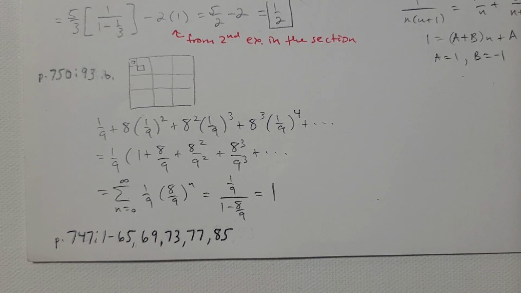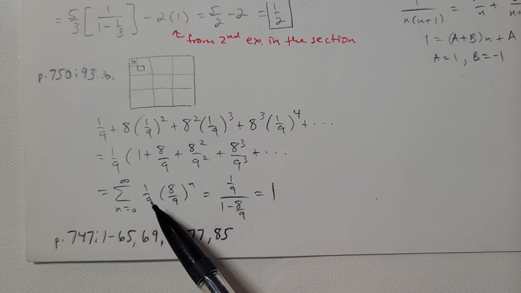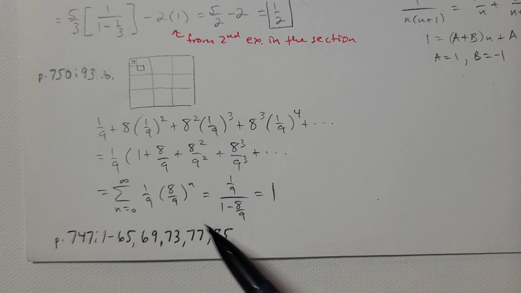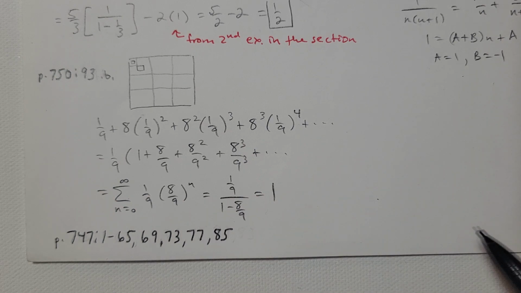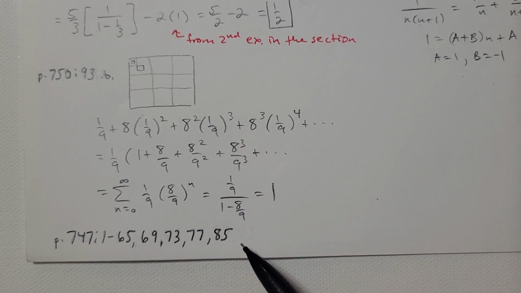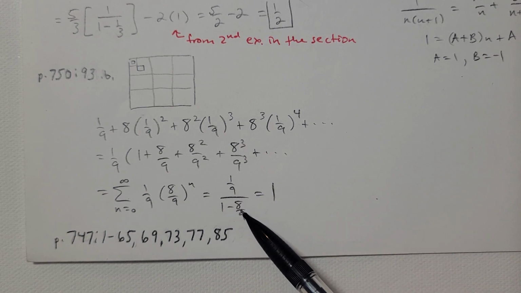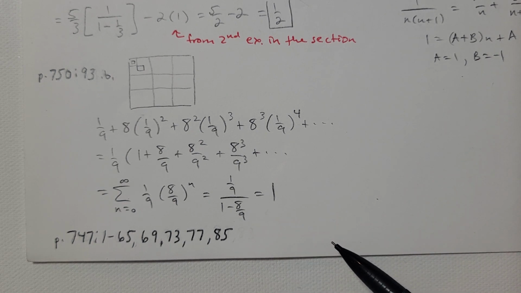Now this is a geometric series. I'm in the form a times r to the n, starting at 0, so that looks good. And now I can use the formula. a is 1/9 and r is 8/9. 1/9 divided by 1/9 would be 1.